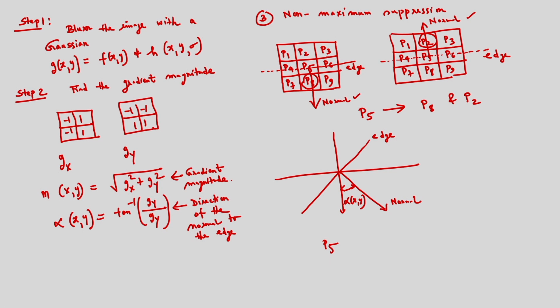If the gradient magnitude of the pixel P5 is greater than P2 and P8, then in this case I have to retain the pixel P5 as an edge pixel. If it is not true, that means it is less than either P2 or P8, then I have to discard it. That is not the edge pixel. So this is the non-maximum suppression.